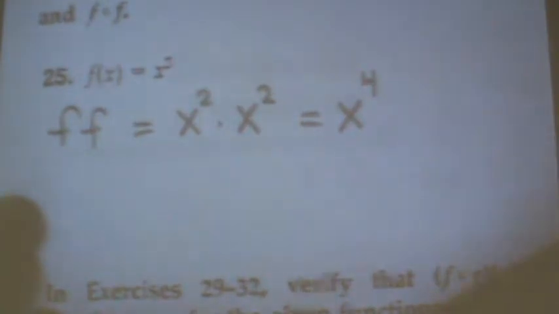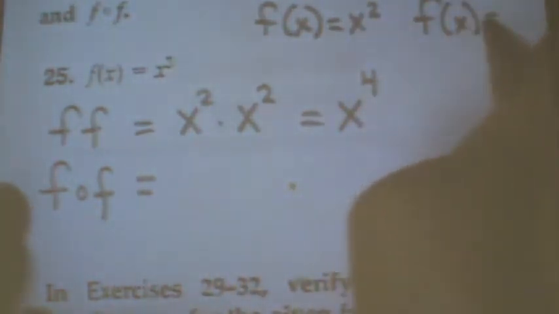So if I want to do ff, that's saying take x squared and multiply x squared. What do you get when you do x squared times x squared? x to the what? 4. Now what does this mean? f of f. Plug in.